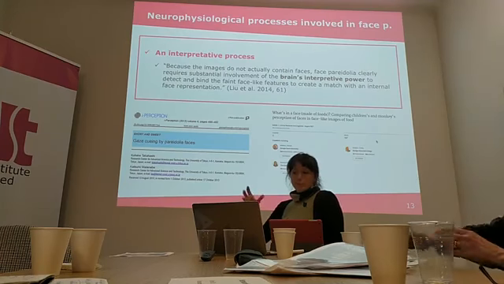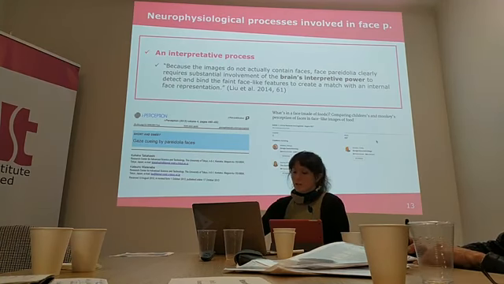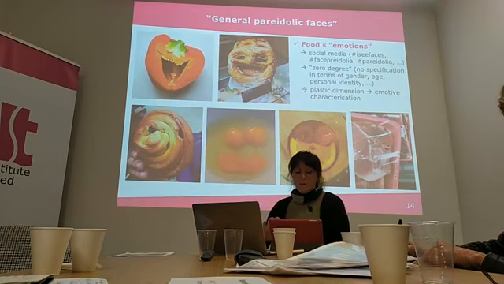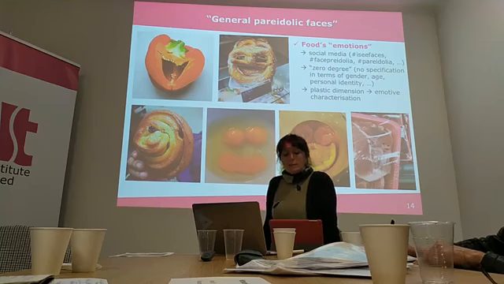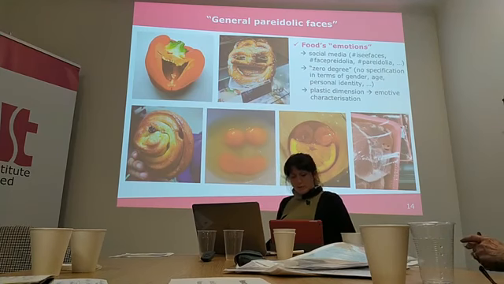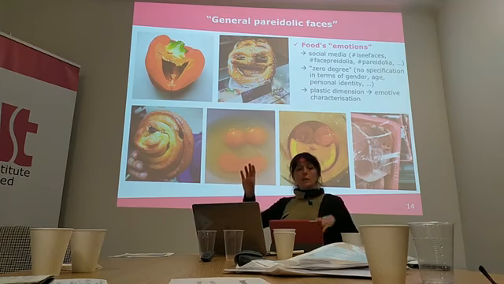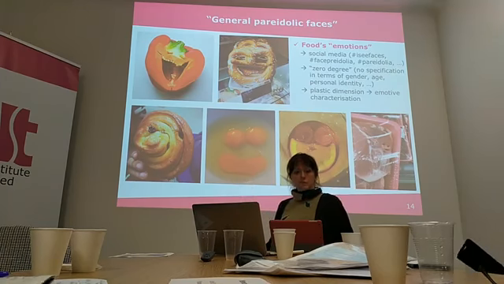So let's focus on the case of food, and specifically food-face pareidolia, and see what it tells about such dynamics. When examining the cases I considered to prepare this paper, the first distinction clearly imposed itself, the one between general and specific pareidolic faces.